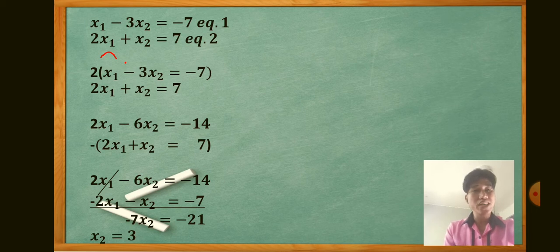In order to eliminate x1 from equation 1 and equation 2, we need to multiply equation 1 by 2. So 2 times (x1 - 3x2 = -7). It becomes 2x1, 2 times -3 is -6x2, and 2 times -7 is -14.